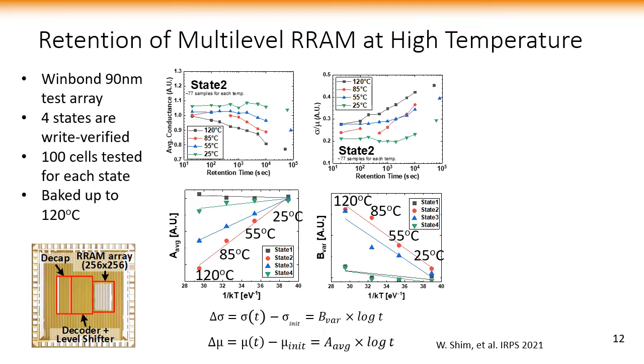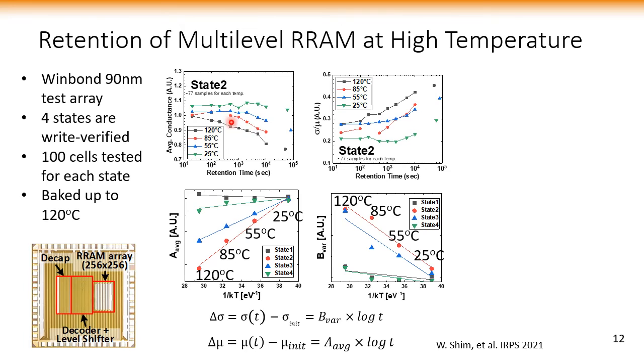And also there is a concern of the data retention at higher temperature. With this test vehicle, we test the resistance or conductance at higher temperature up to 120 degrees Celsius. We measure the resistance as a function of time, and at different temperatures, we do see that the conductance drifts over time.